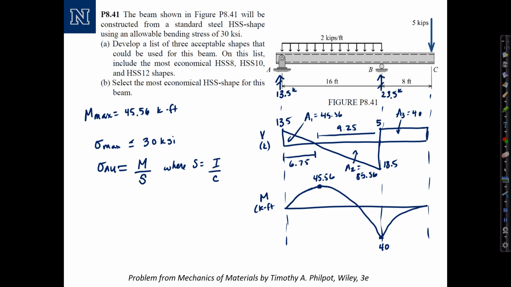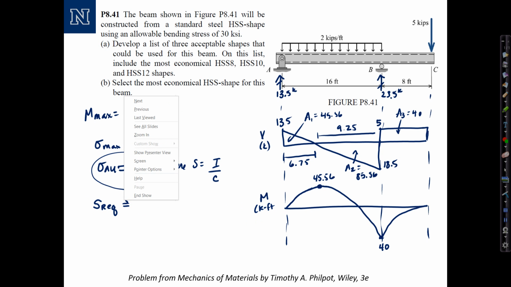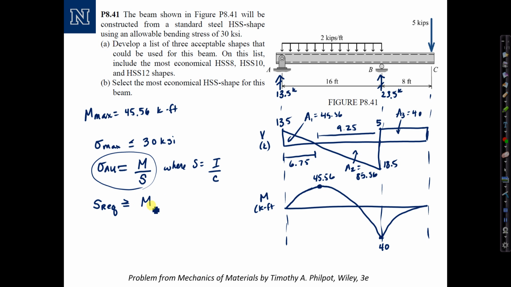In order to pick a suitable section, we need to basically invert this equation and solve for S. We get that the required section modulus for the beam has to be greater than or equal to the maximum moment divided by sigma allowable, or 45.56 kip feet times 12 inches per foot divided by sigma allowable, or 30 KSI.